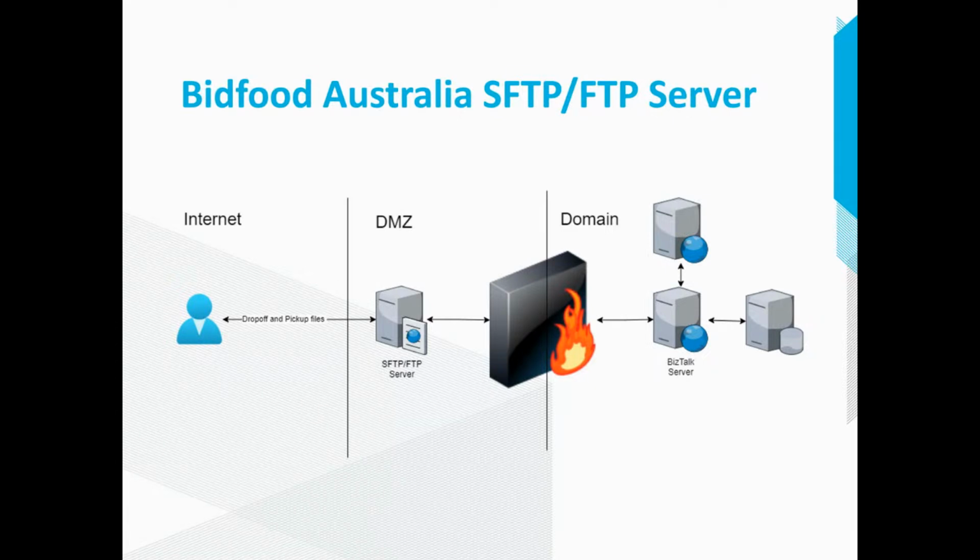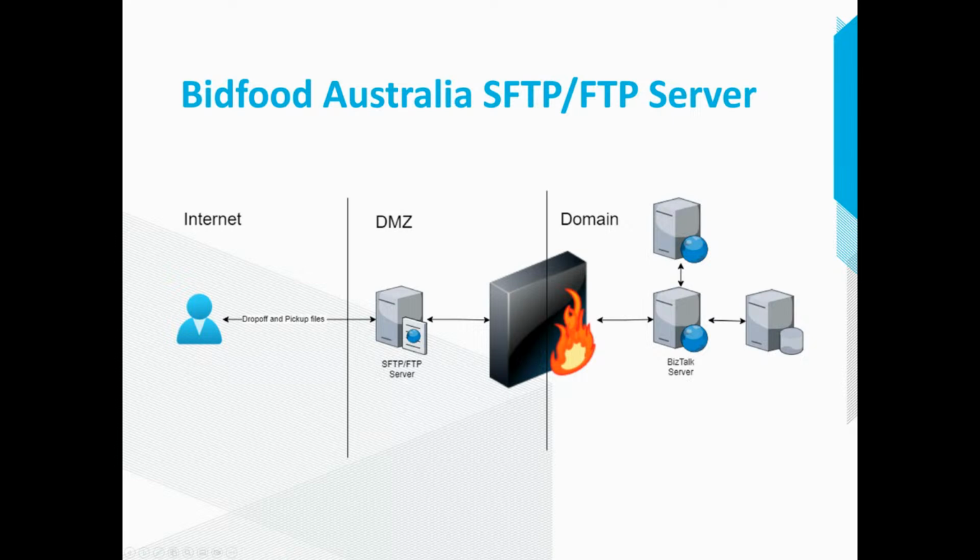The picture that you're seeing on the slide there is your typical infrastructure that you might have seen when you were running BizTalk Server. I've seen this at many companies. What they tend to do is have an SFTP server sitting in their demilitarized zone. So it's outside, with a firewall between that and the domain. This is used to drop off or pick up files to external parties.